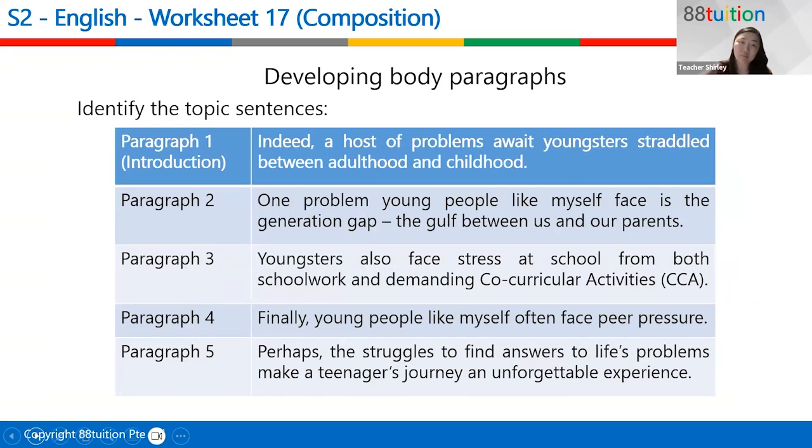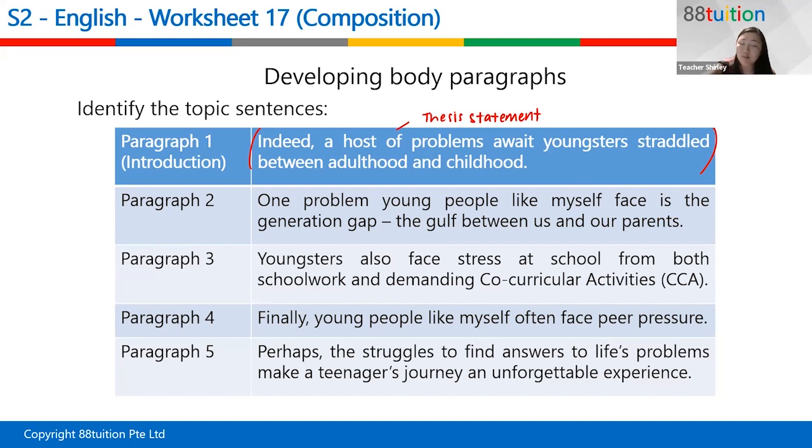So over here, we have an example. Let's see which ones of these are topic sentences. Paragraph 1: "Indeed, a host of problems await youngsters straddled between adulthood and childhood." In this case, this one is actually what we call the thesis statement, because the thesis statement is always found in your introduction.